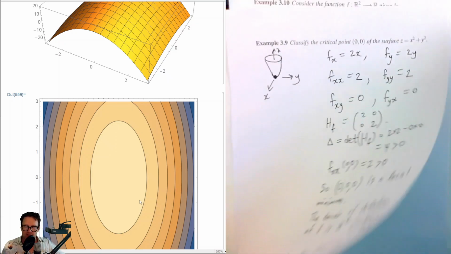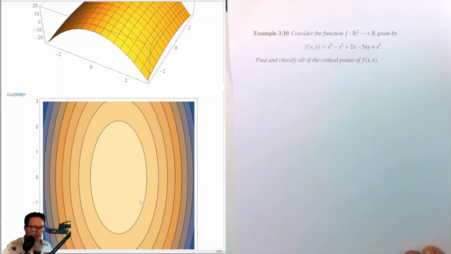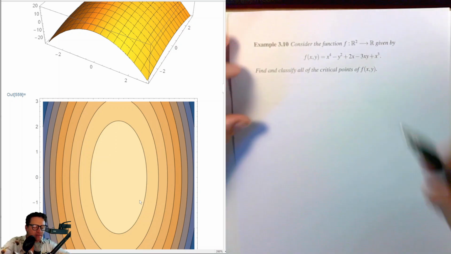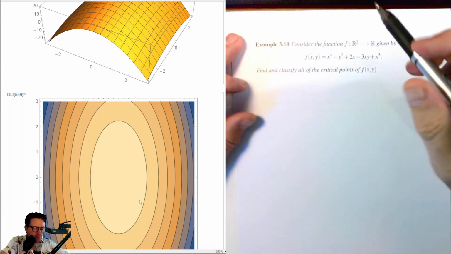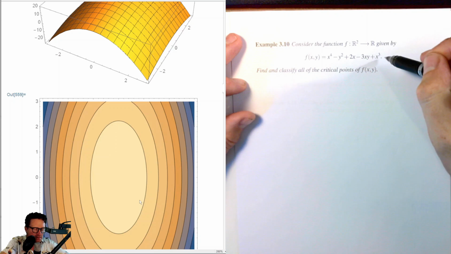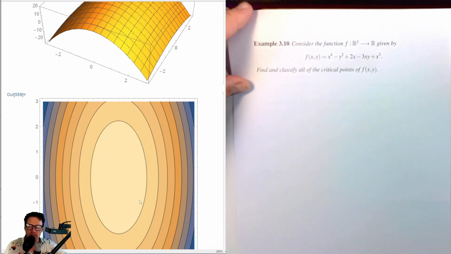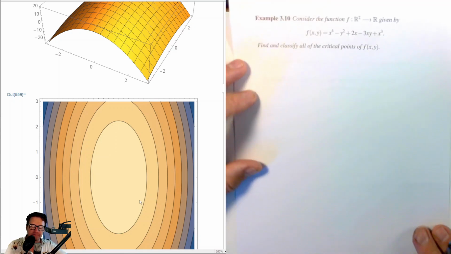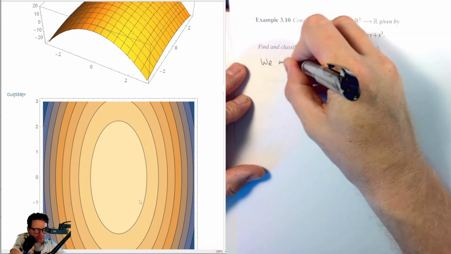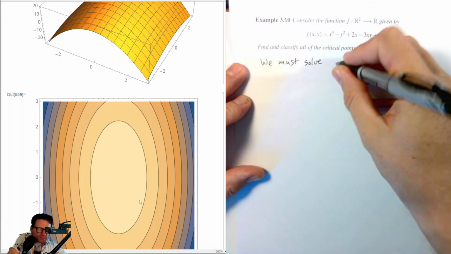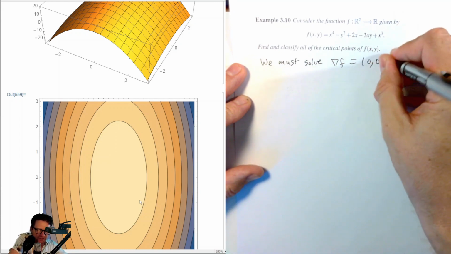All right, moving on. Example 3.10. Consider the function f mapping two-space to the real numbers by this quartic function. Find and classify all of the critical points of f of x, y. Okay, so we must solve grad f equals the zero vector, right?